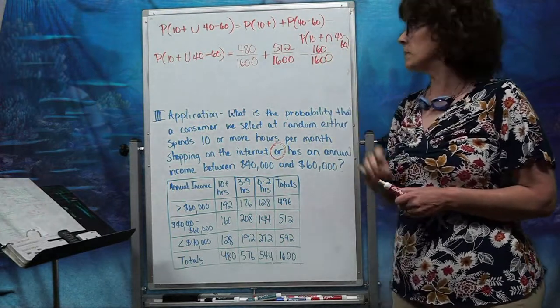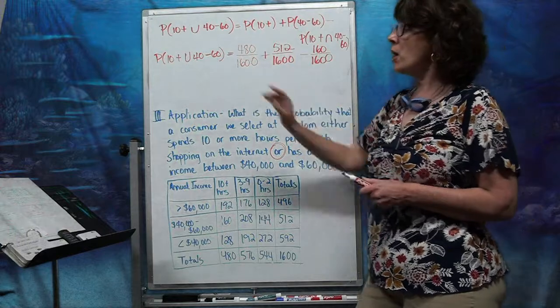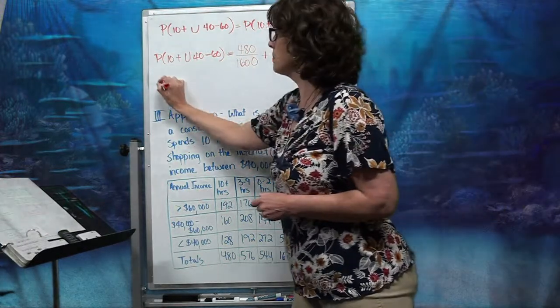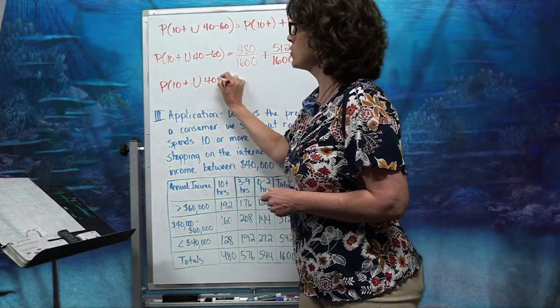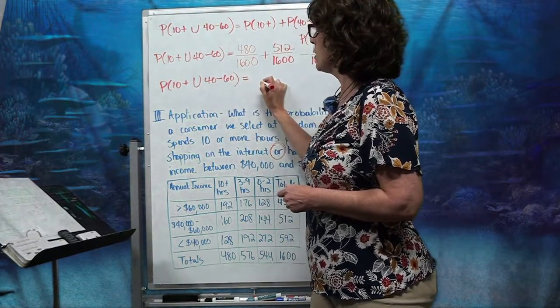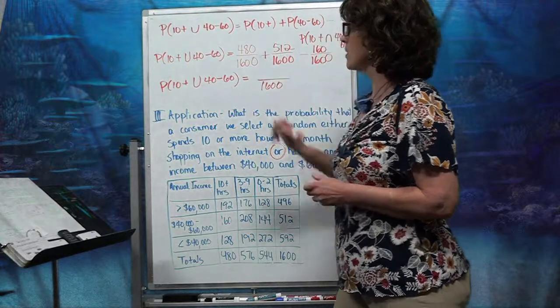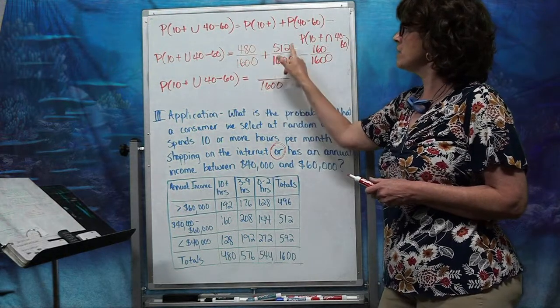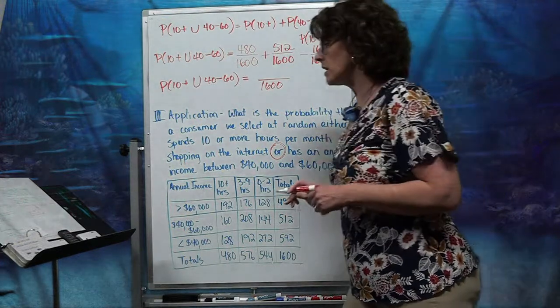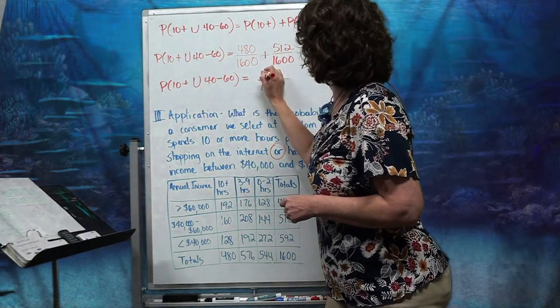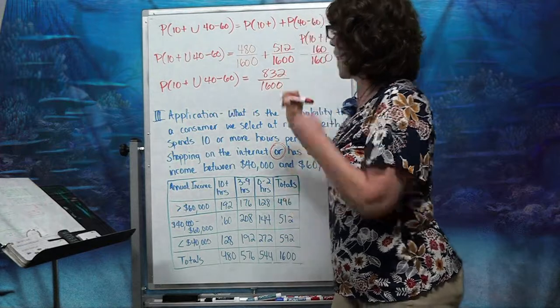out of 1,600 people. So now that I've got those common denominators all the way across, I'm just going to simply add and subtract those numerators, because that's what it takes to add and subtract fractions. You keep that denominator, you work those numerators. So 480 plus 512 minus 160 will give me 832.